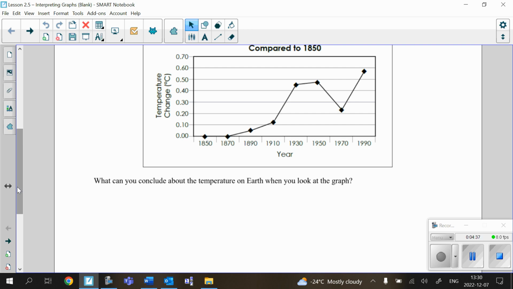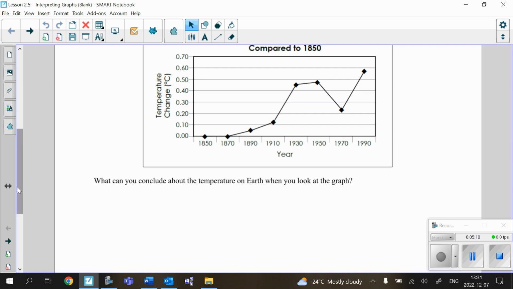So this is an opinion question. And like you hopefully learned in several of your other courses, language-based, if you're going to state an opinion, you've got to be able to back it up. So you could say, well, over this whole time, temperature has increased from 1850 to 1990. Or you could say there was a sharp spike from 1910 to 1930 and then 1970 to 1990.